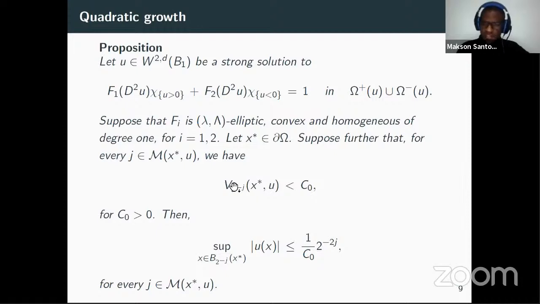Recall that V is the density of the negative part. Then, if you have this, we can control the growth of U in these balls by this, for every j in M.